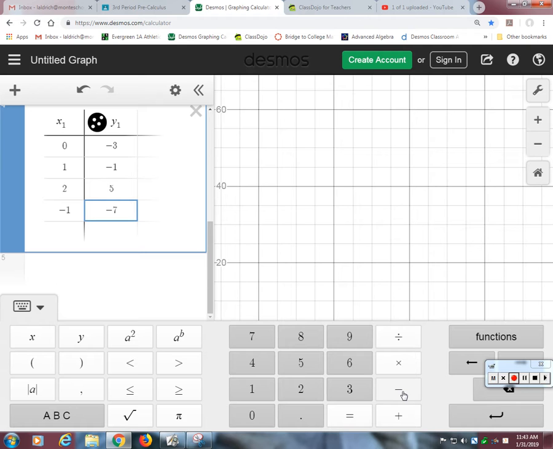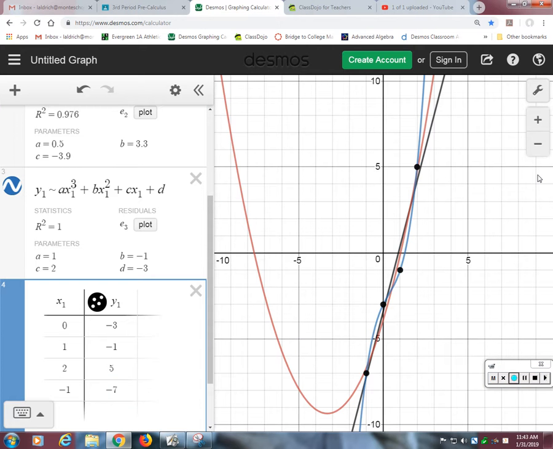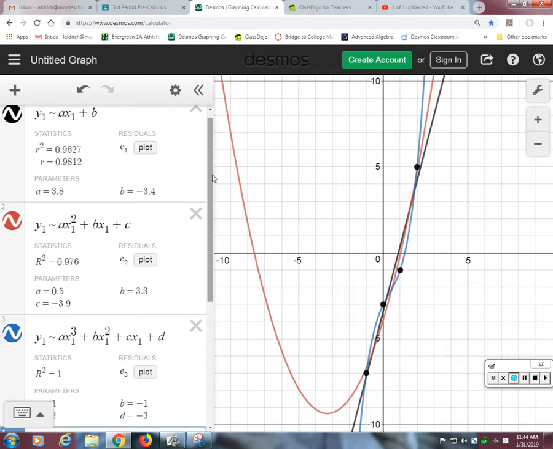Okay? Yeah, you might have to zoom a little bit to see the dots. Here's what I have. Here's the 4 dots. Here are the 3 different graphs that go through. Now, the way that we're going to decide which one is the best is by comparing these R values right here. We've talked about that before. The R value tells you what percent accurate yours is.